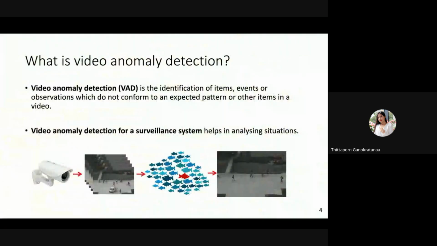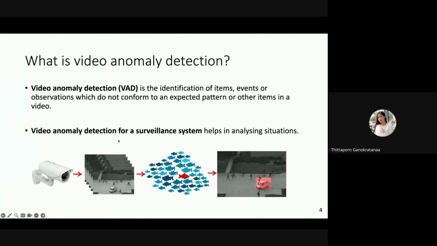When we focus on video, we can consider video anomaly detection, or VAD. VAD is the identification of items, events, or observations which do not conform to an expected pattern or other items in a video.